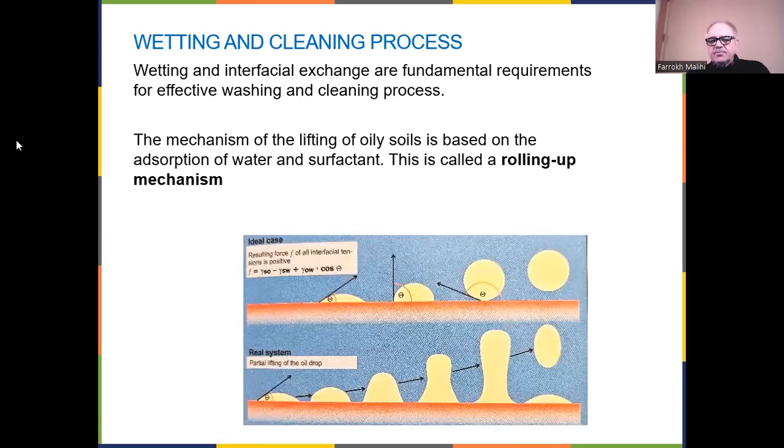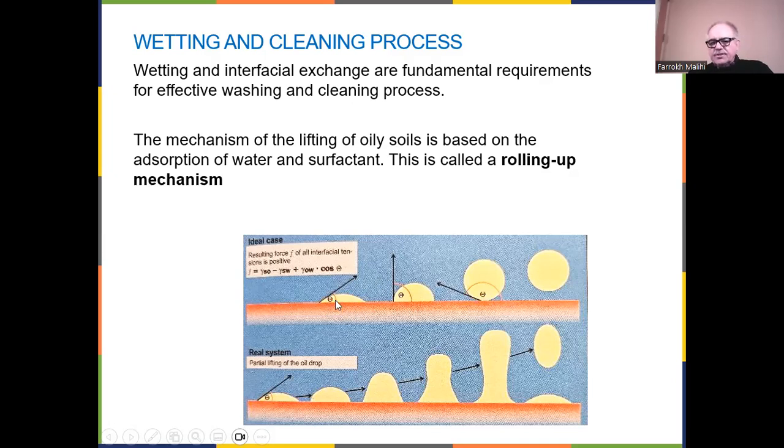In terms of cleaning properties, wetting and interfacial exchange are fundamental requirements for an effective washing and cleaning process. The mechanism of lifting of oily soils is based on adsorption of water and surfactant, which results in this rolling up mechanism. So this is the initial state of an oily soil on a given substrate, it can be a dish or a fabric.